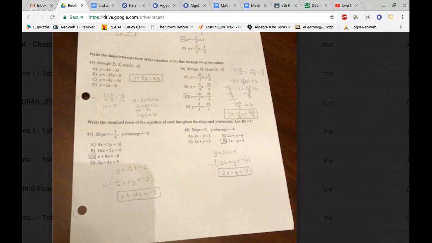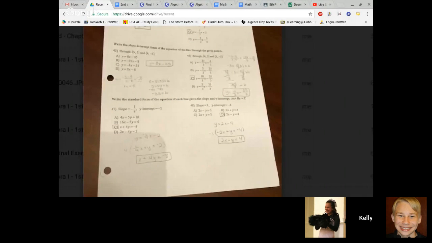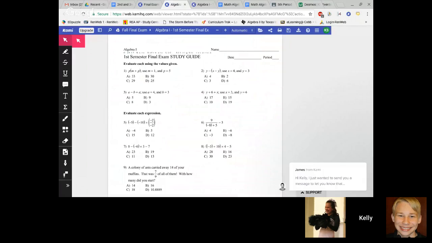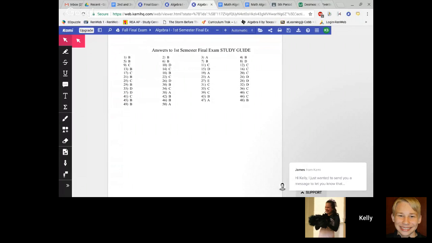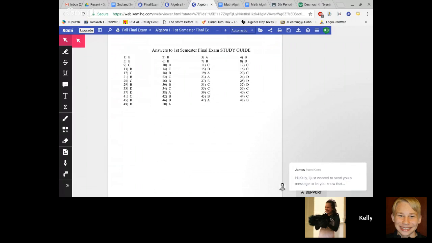Let me write that down and then move over. Slope, negative 1/4, and y-intercept, -2. Okay.